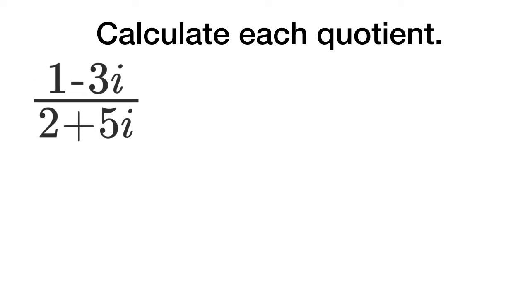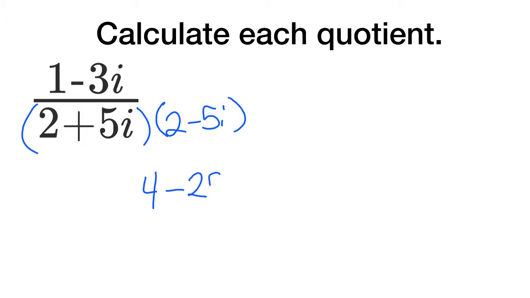Let's try this one. So remember, we're wanting to get rid of the i's in the denominator, so I'm going to multiply by the conjugate, which is 2 minus 5i. So 2 times 2 is 4. The terms in the middle will end up canceling out, so it just becomes minus 25i squared, which just becomes plus 25. So our final is going to be 29 in the denominator.